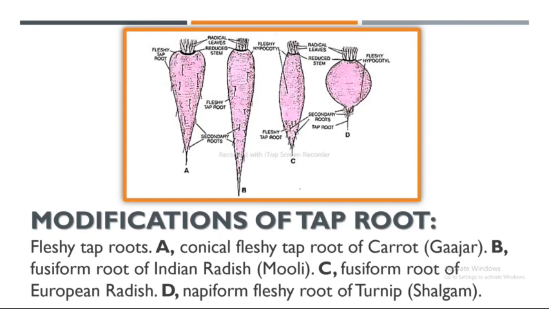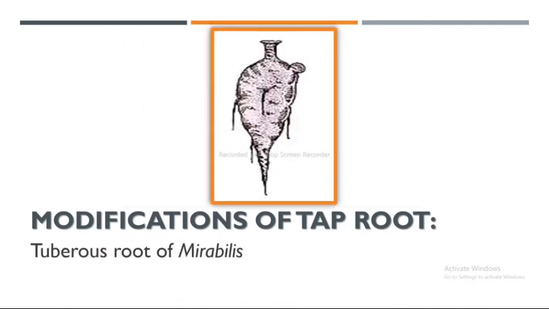In figure D, you can see the napiform fleshy root of turnip or shalgam. So this is the fleshy hypocotyl, and this is the taproot, and these are the secondary roots. This is radical leaves and reduced stem as shown in the figure. So this is the tuberous root of Mirabilis as shown in the figure.